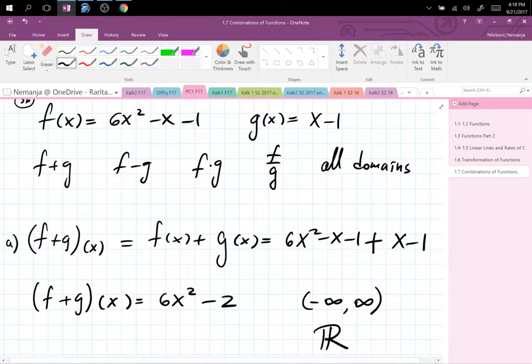This double bar R means the set of all real numbers. So you can use this or you can use that. It means the same thing. It's a mathematical notation for all real numbers. It's R with the double bar on the vertical.